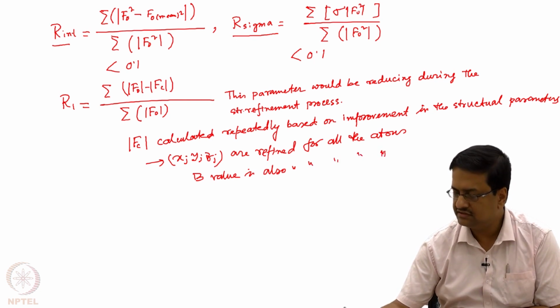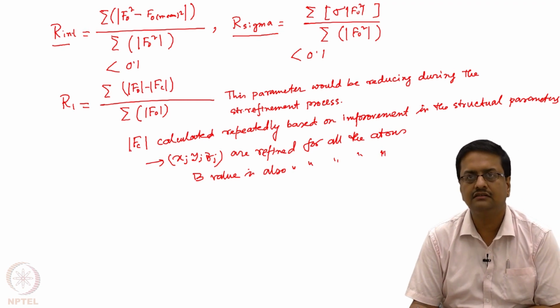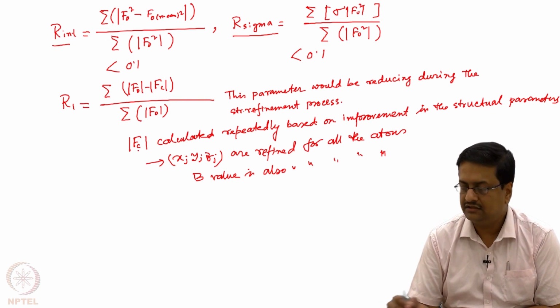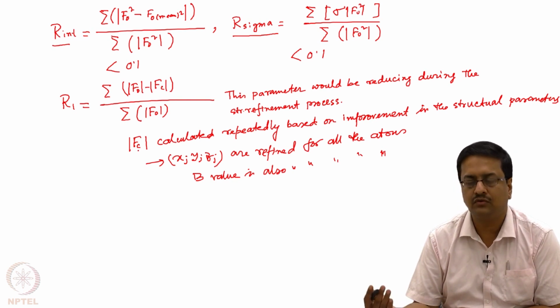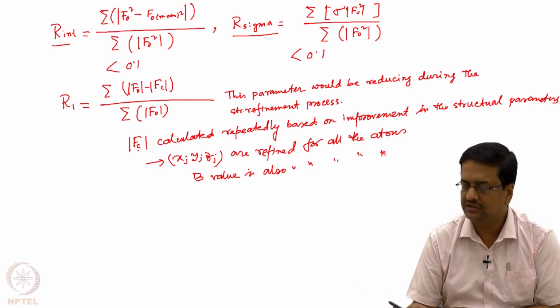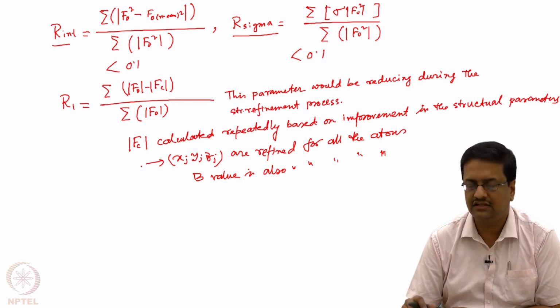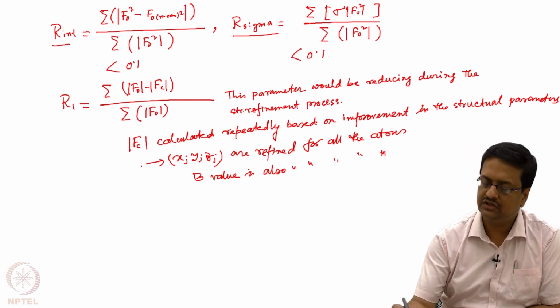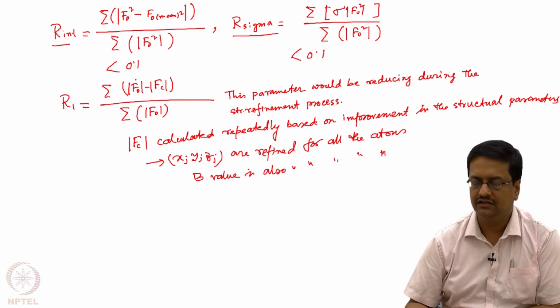As the structure factor Fc is a function of both the coordinates and the thermal parameter of that atom, at every step the Fc for every hkl gets modified, and then we compare it with the observed structure factor.